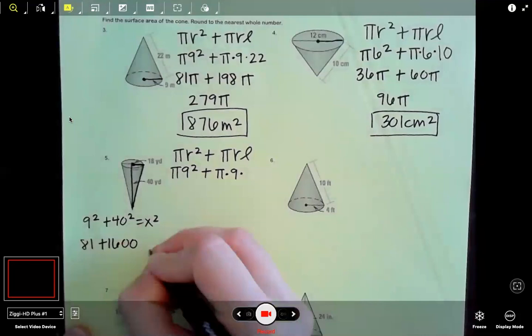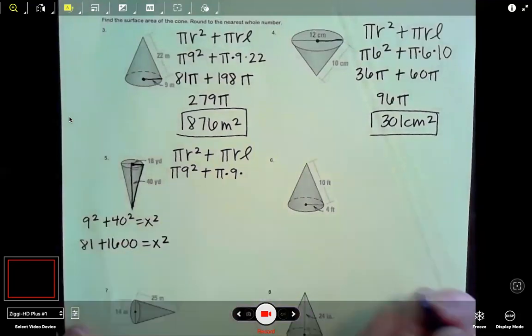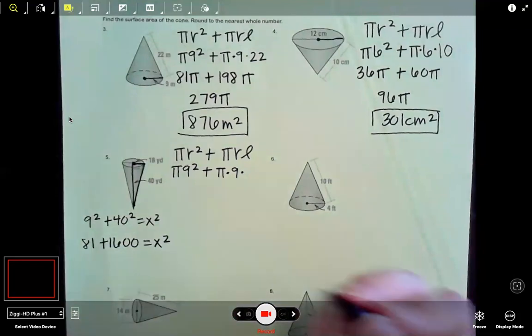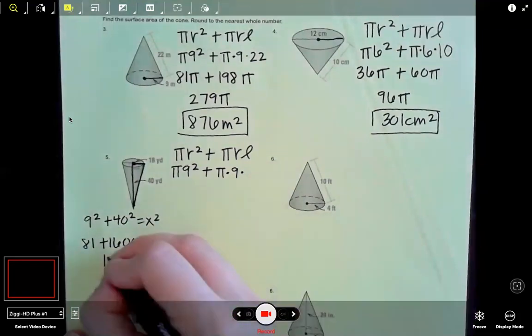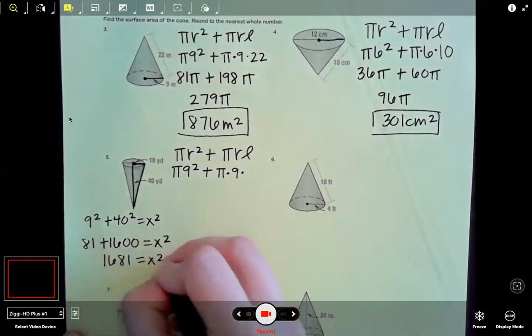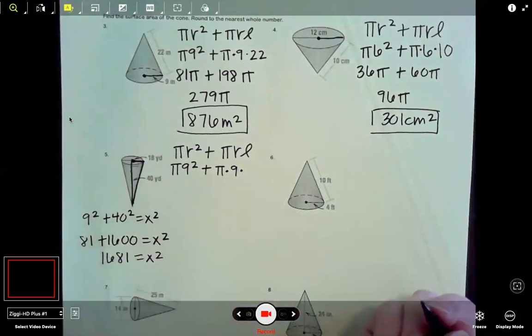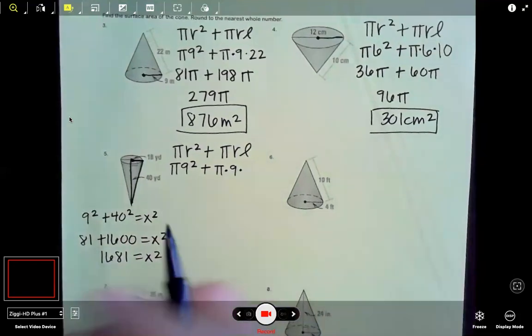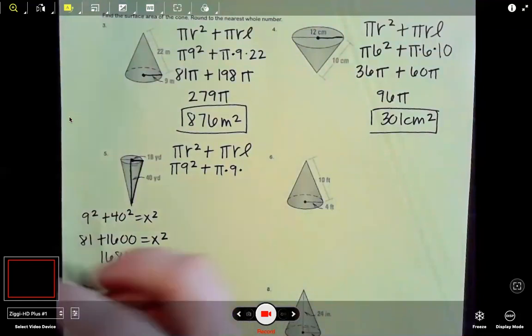Good work. If we add those together, we get 1,681. And then if we take the square root, 41. Yep, good job.